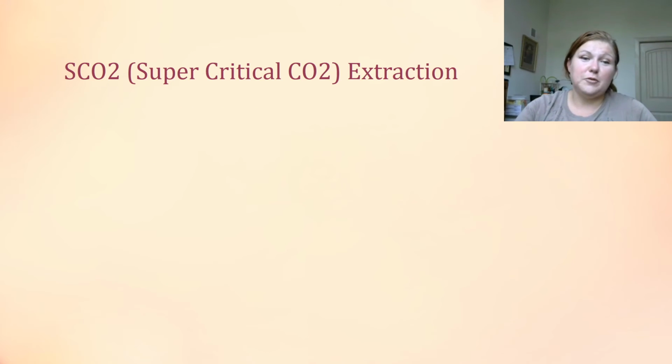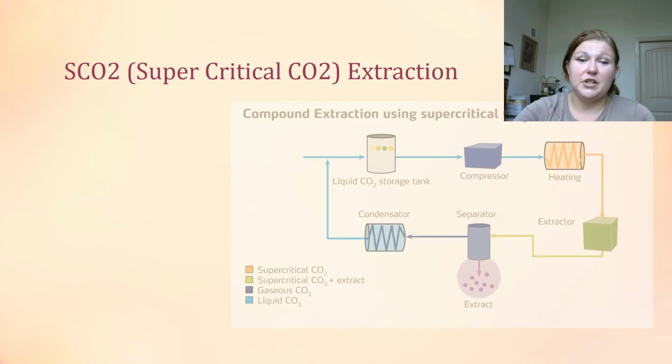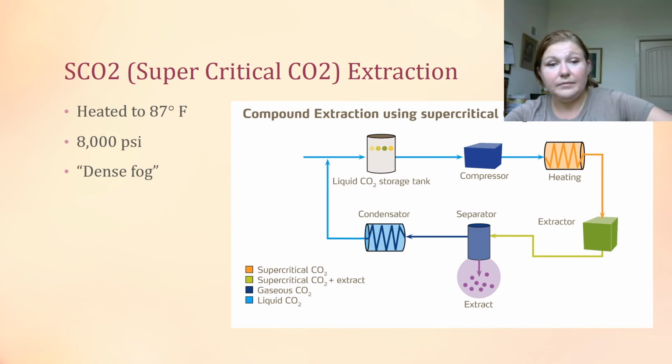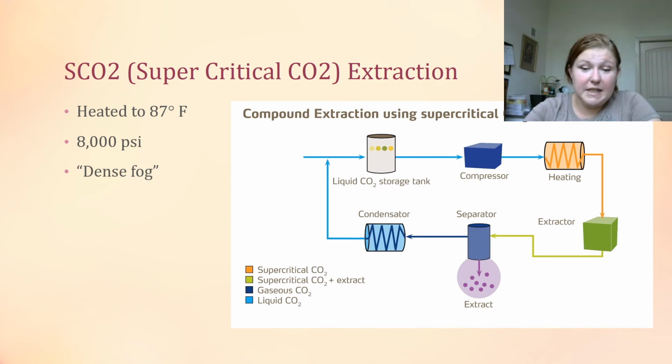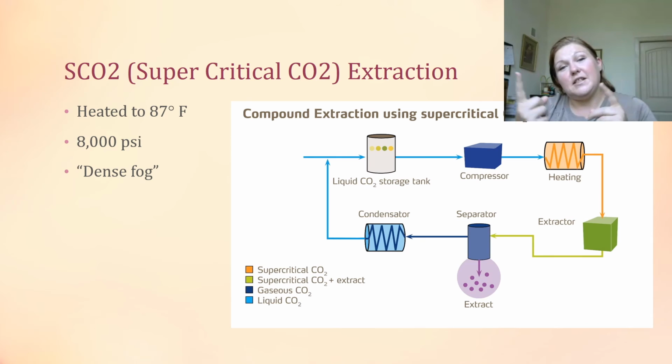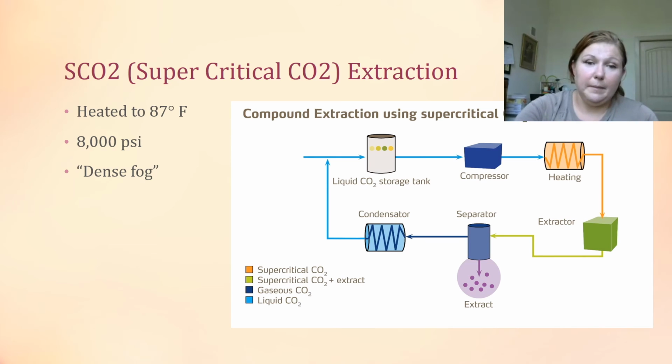Now, the supercritical CO2 extraction is slightly different. It is heated up to 87 degrees Fahrenheit and up to 8000 psi. And this creates a very dense fog around the plant material.